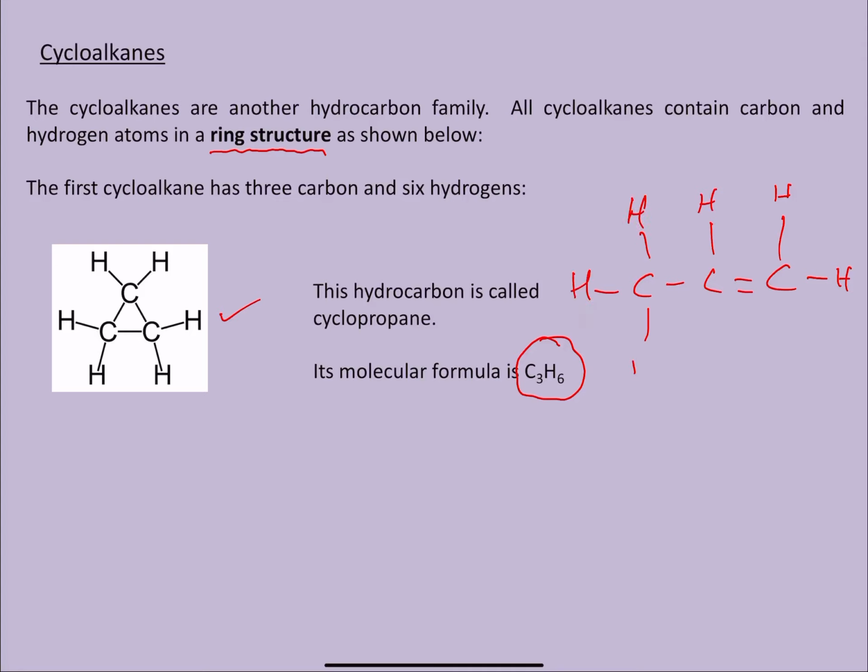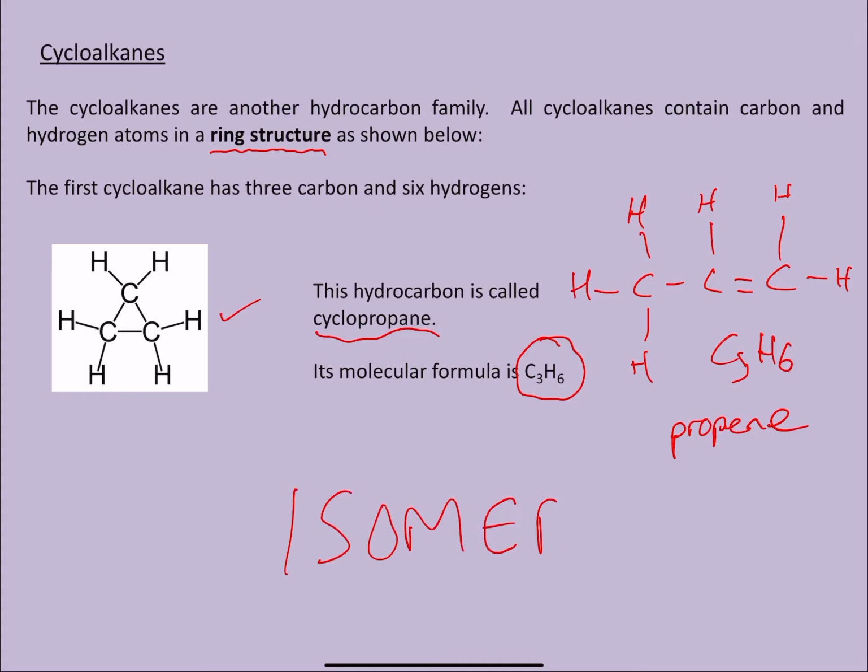And there it is there. C3H6 is also the formula for propene. Propene and cyclopropane both have the same formula, so that means they are isomers of each other. We've done isotopes before, but this is a new word.